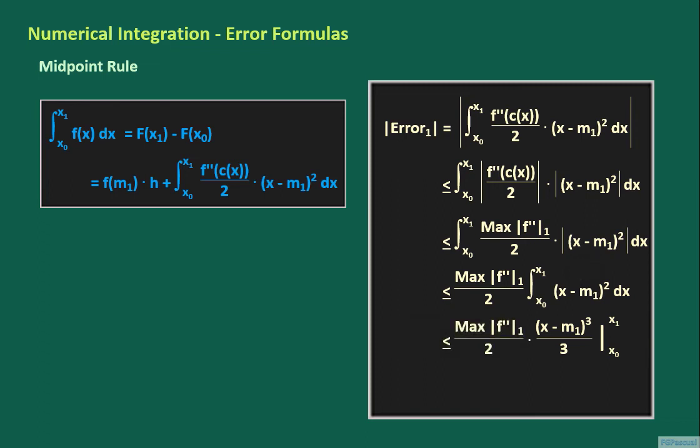Using the fact that m sub 1 is halfway between x sub 0 and x sub 1, so that x sub 1 is equal to m sub 1 plus h over 2, and x sub 0 is equal to m sub 1 minus h over 2, this last expression ends up being equal to the maximum of the absolute value of f double prime sub 1 times the cube of h all over 24.